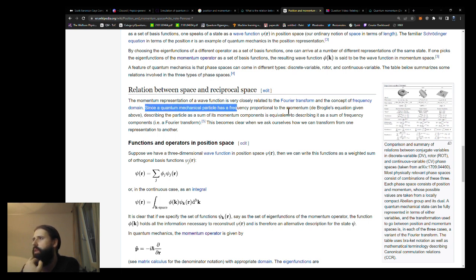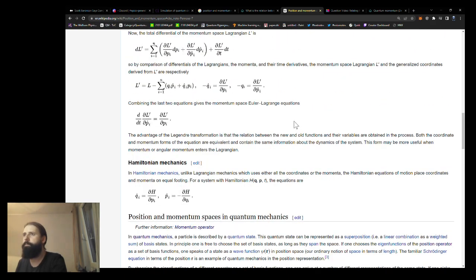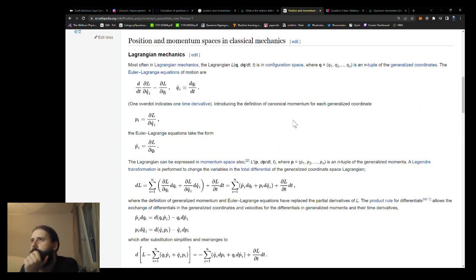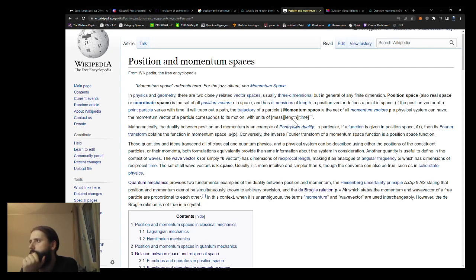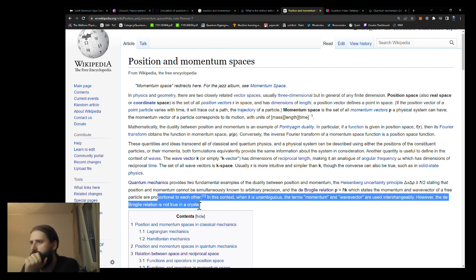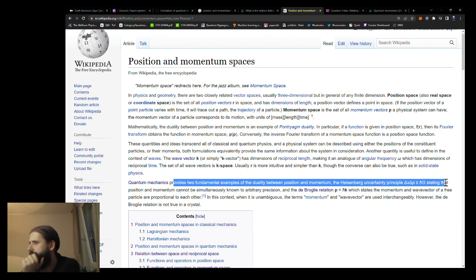That's why the de Broglie equation given above is something known to arbitrary position.